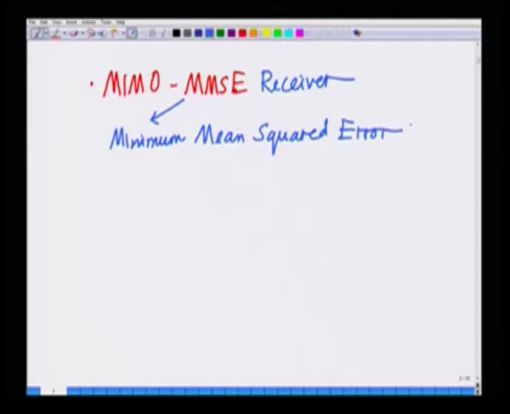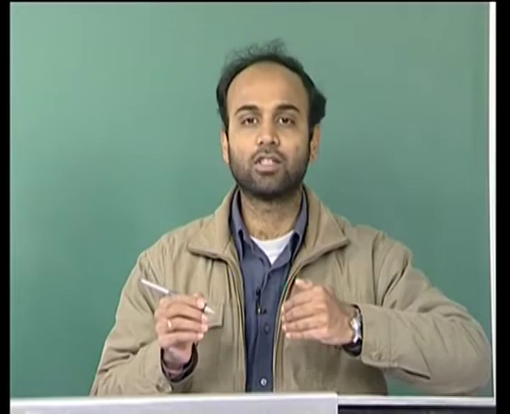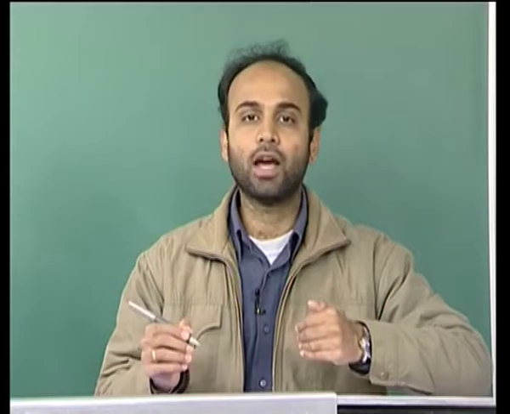Essentially this MIMO MMSE receiver minimizes the mean square error of detection at the receiver, and we also saw that it has superior properties in the sense that it does not result in noise enhancement because of its unique structure.